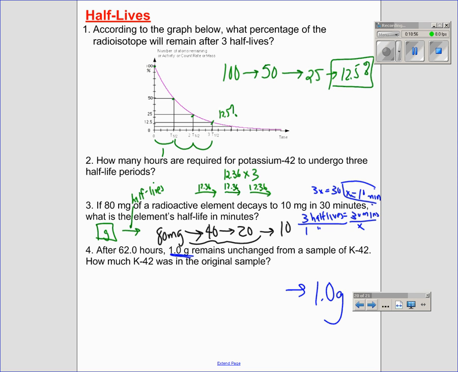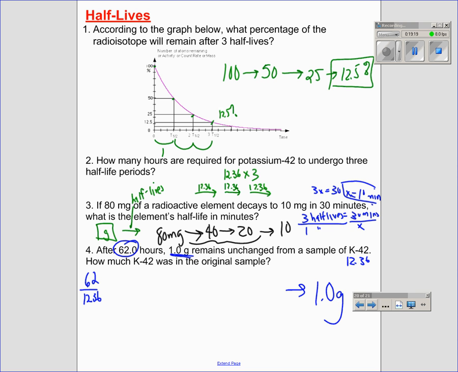We learned that already. And we know that 62 hours are going to go by. So 62 hours divided by 12.36 gives us 5 half-lives.